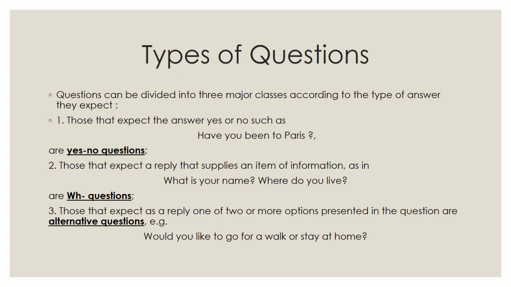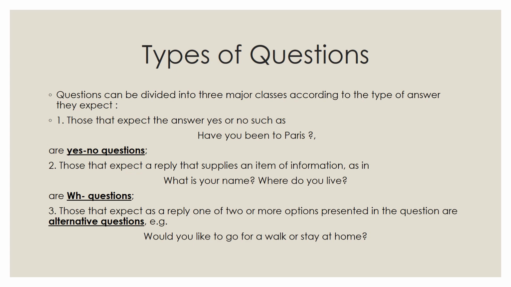But if you are asking a question to get information, and not only yes or no, here you are going to have a WH question. The question that expects a reply that supplies an item of information is called a WH question.